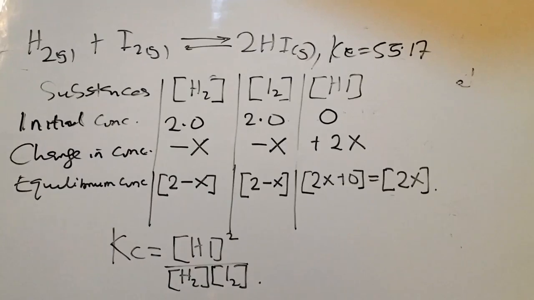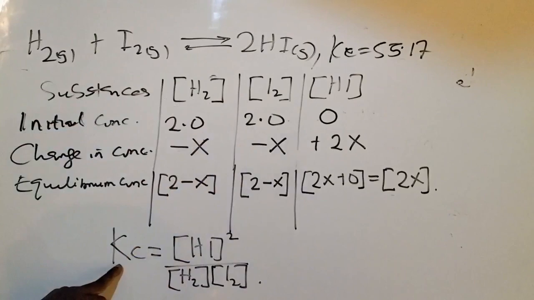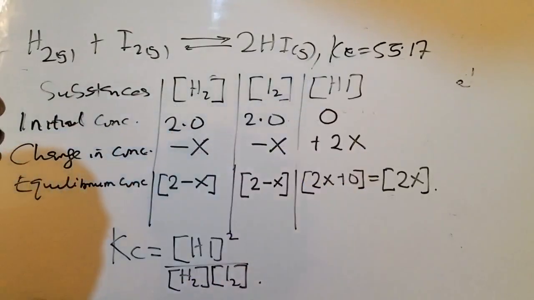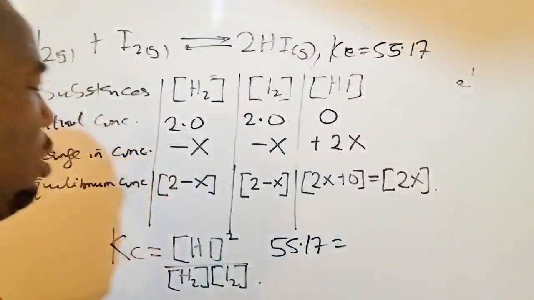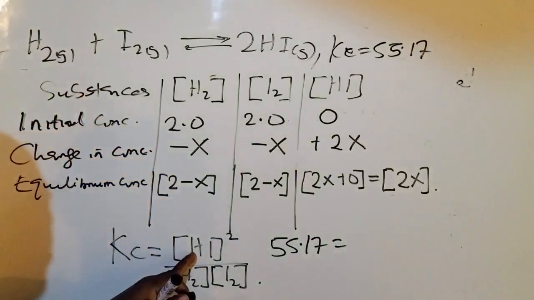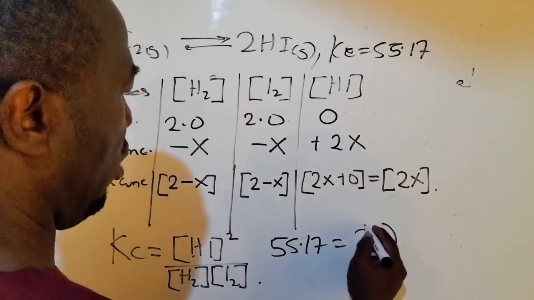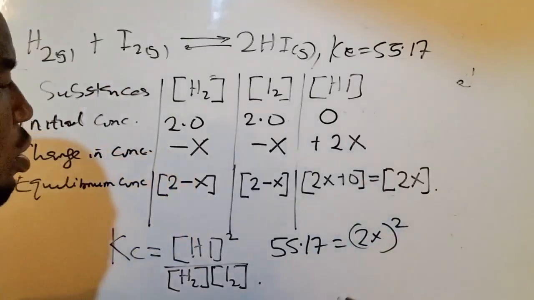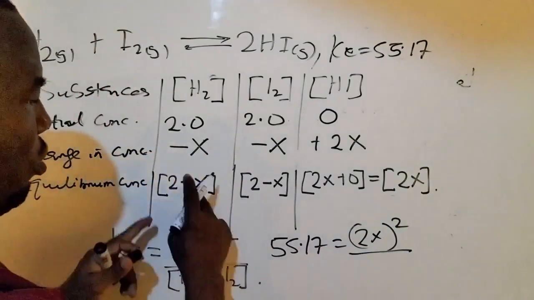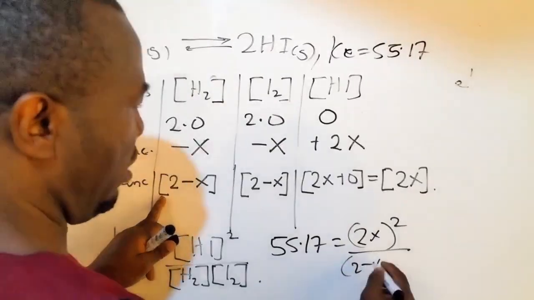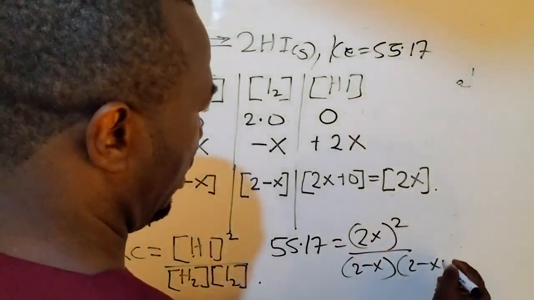The equilibrium constant of the reaction is 55.17. So I have 55.17 equal to the equilibrium concentration of hydrogen iodide, which is 2S, all squared, over that of hydrogen, 2 minus S, the equilibrium concentration of hydrogen, and iodine also 2 minus S.